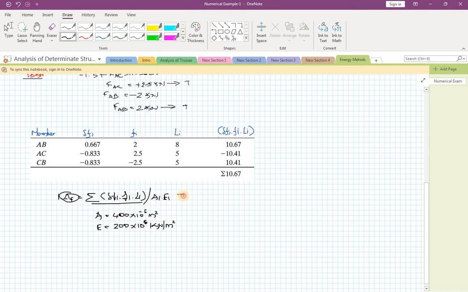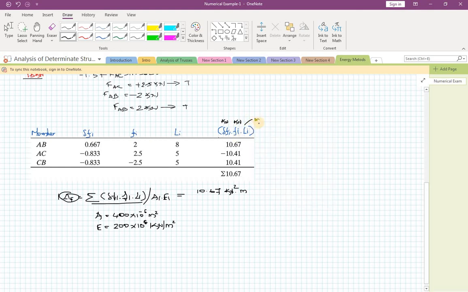So this equation comes out to be, this summation I have already calculated, which is 10.67, which is actually in kilonewton square into meter. Why kilonewton square? This is in terms of kilonewton, this is also in terms of kilonewton, and this Li is in terms of meter.